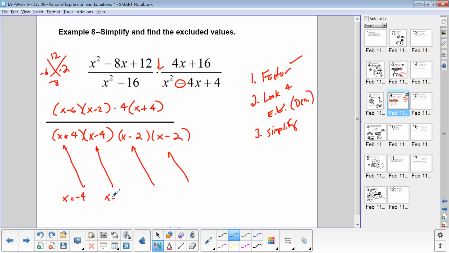Here, x cannot equal 4. X cannot equal 2. And this was perfect squares, so these were repeating expressions, also called a multiplicity of 2. So what are my excluded values? Excluded values are x cannot be 2, 4, or -4.